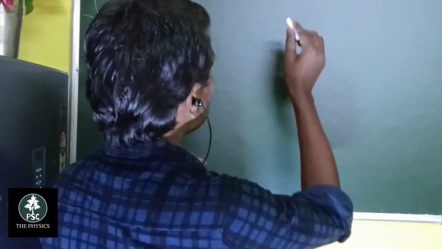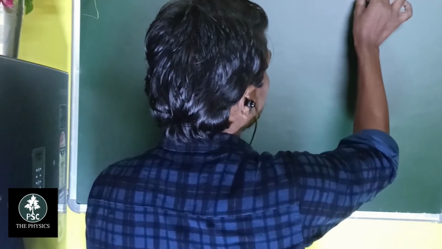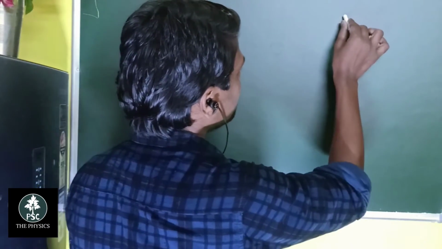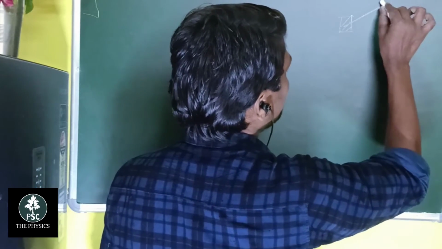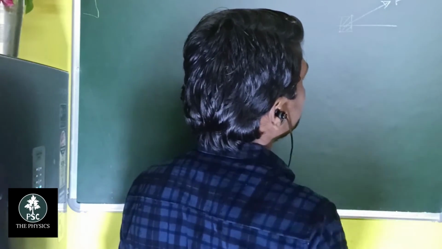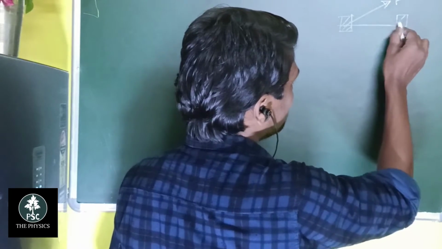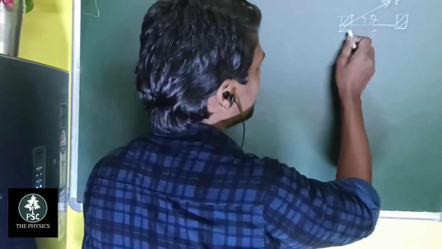So the formula used here is work done equal to Fs cos theta, where theta is the angle between the force and the displacement. If this is an object, the force acts along this direction, and the body moves along this direction, then this is the angle of inclination and this is the displacement.